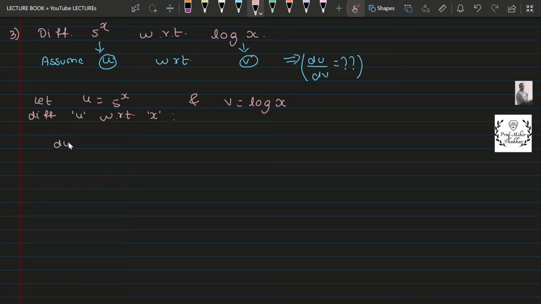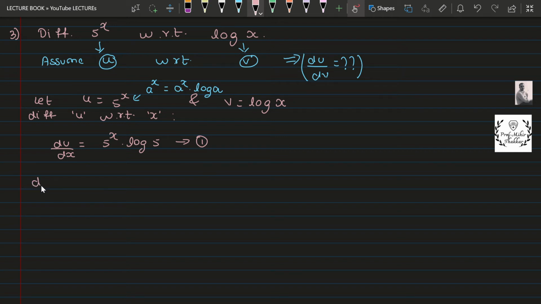Derivative of u is equal to du by dx, and this term over here is actually in the form of a raised to x. The derivative of a raised to x is a raised to x into log of a. Considering that a is 5, answer is going to be 5 raised to x into log 5. Nothing further can be simplified, so I consider this as my equation 1.